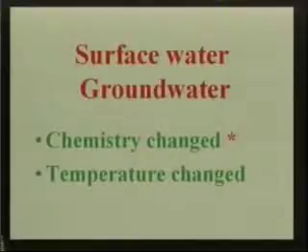We'll go into some very specific details on some of them. But we've also affected the temperature in some places, and we'll mention that briefly as we go through it. So chemistry is the main change. Temperature is part of it, whether we're changing surface water conditions or groundwater conditions.